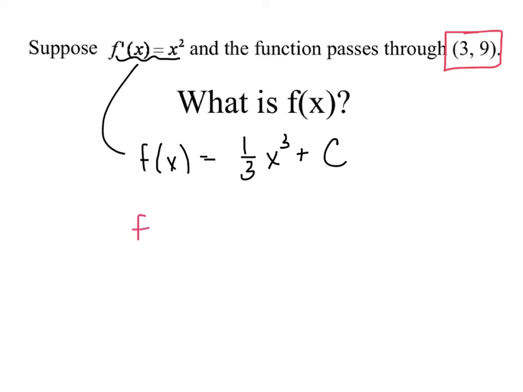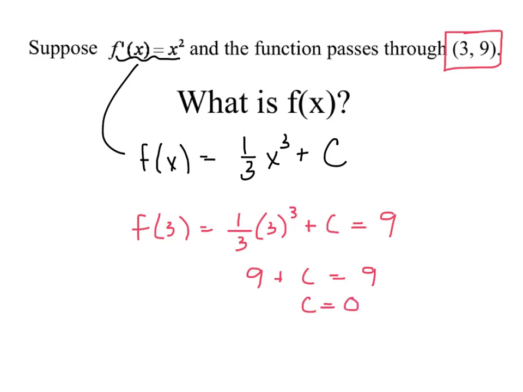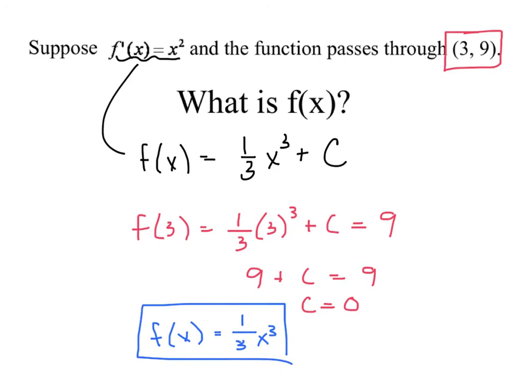So that means if I plug 3 into the function, I should get an answer of 9. Of course, 1/3 multiplied by 3 cubed is 9. So the constant must be 0. So now I can be assured that f of x is 1/3 x cubed. Of course, the constant might not always be 0, it just was 0 in this case. But this is the way we can actually figure out what the constant is.